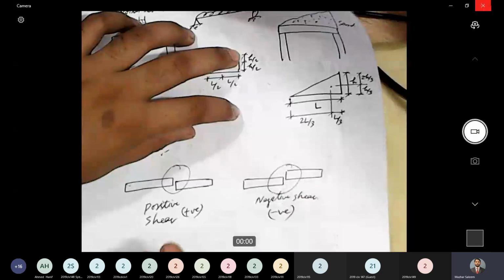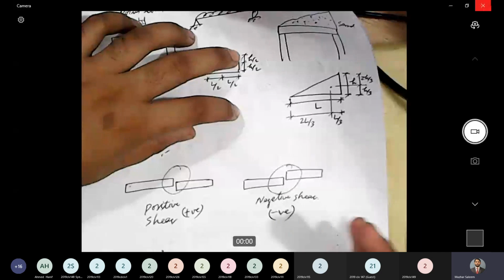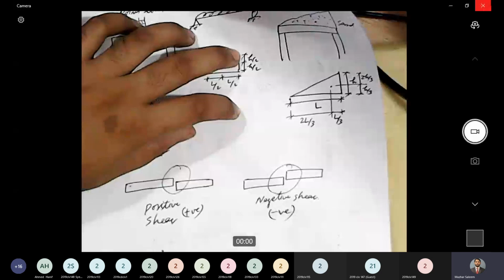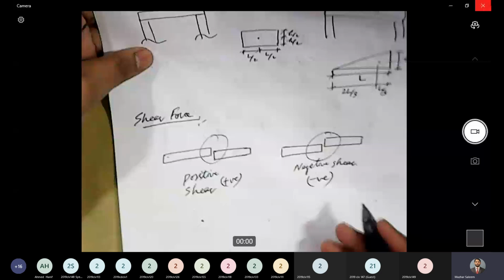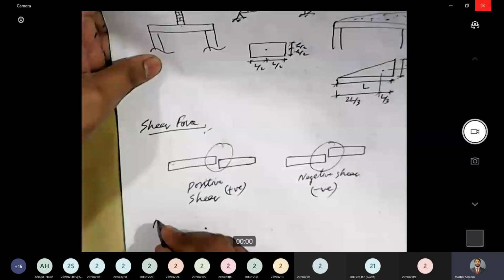How these positive and negative shears are used in calculation, we will learn when we start calculating shear forces while solving numerical problems. And the next tendency of a transverse load is bending moment.